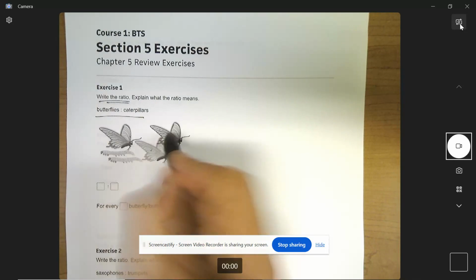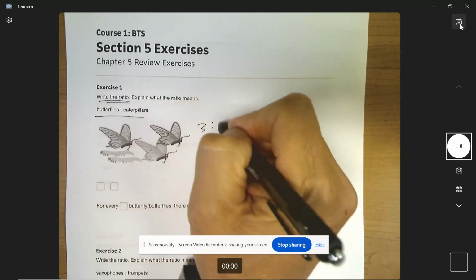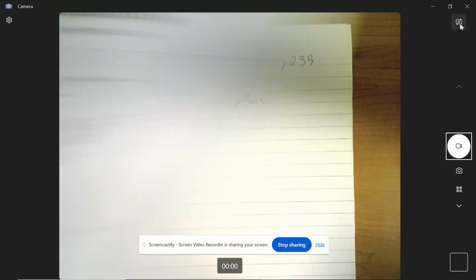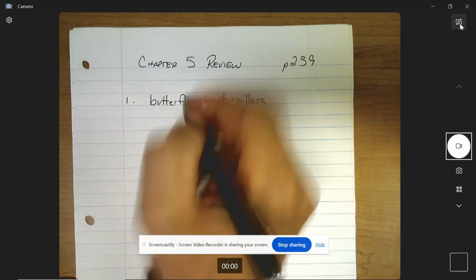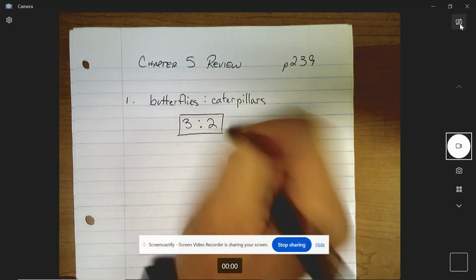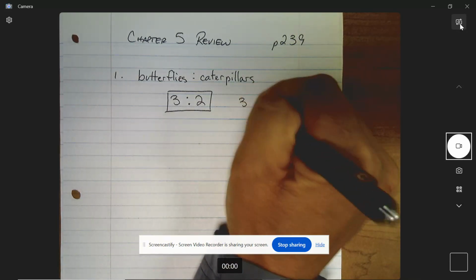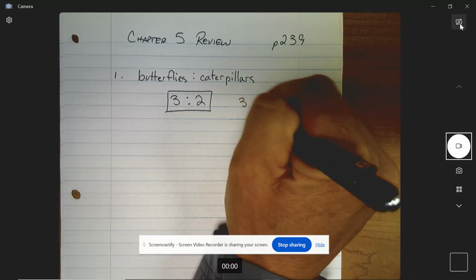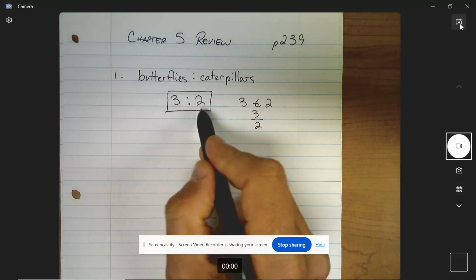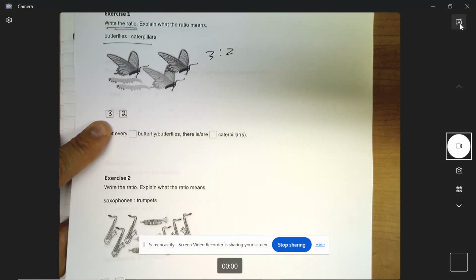I see 3 butterflies and 2 caterpillars. So what I would do is I would say the ratio is a 3 to 2 ratio, which also could be written as 3 to 2, but this is the one that's going to be on the computer, and you're going to see this is where you write the 3, that's where you write the 2.